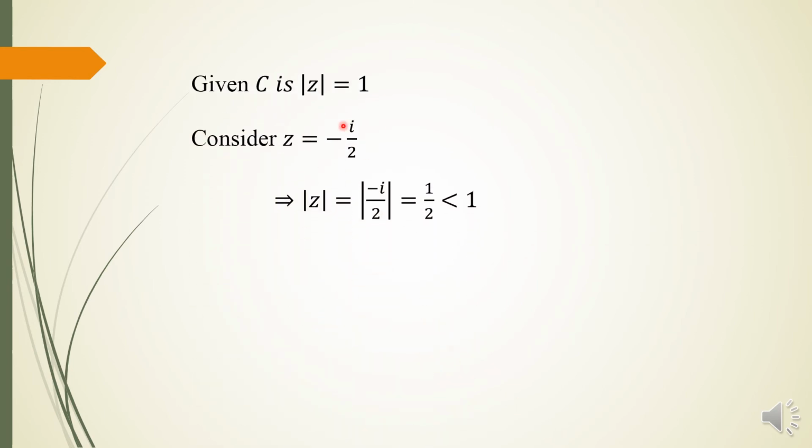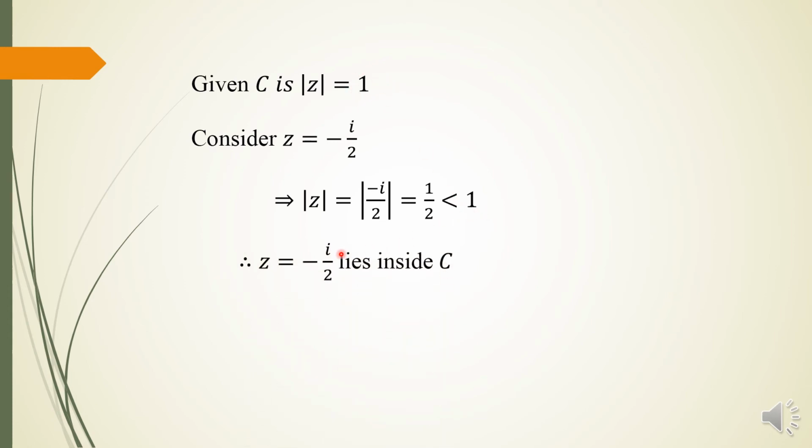The next step, we check whether the poles are inside or outside the given curve mod z equal to 1. Consider the first pole z equal to minus i by 2. In the left side mod z, replace z by minus i by 2. The modulus of minus i by 2 is 1 by 2. Comparing with the right side, it is less than 1.